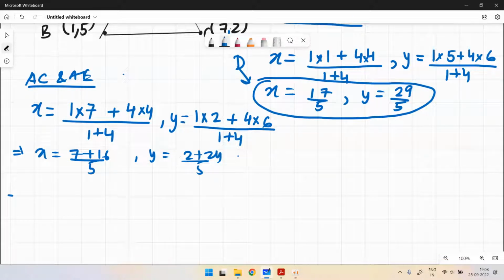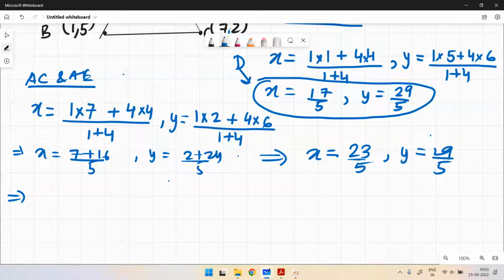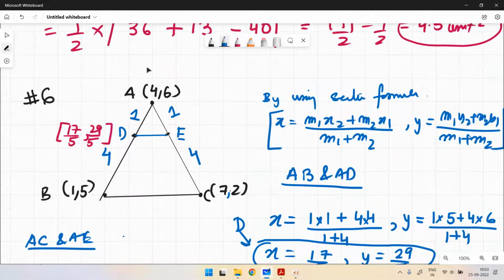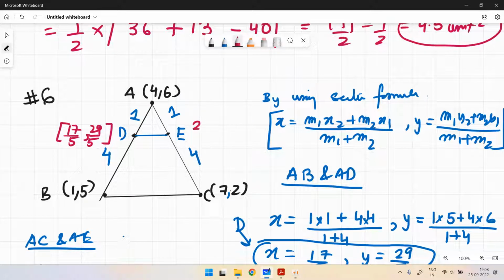Nothing but x is 16 plus 7 is 23 by 5, and y is 29 by 5. So this is 23 by 5 comma 29 by 5.